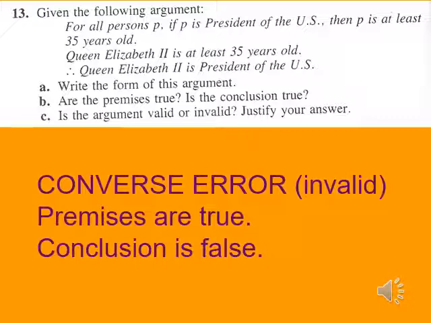The conclusion is what comes after the therefore, and that would be Queen Elizabeth is the president. That's rather obviously false. What's going on here is converse error. Again, they are trying to conclude the if part by starting with the then, and that doesn't work. So yeah, it is converse error, it is invalid.